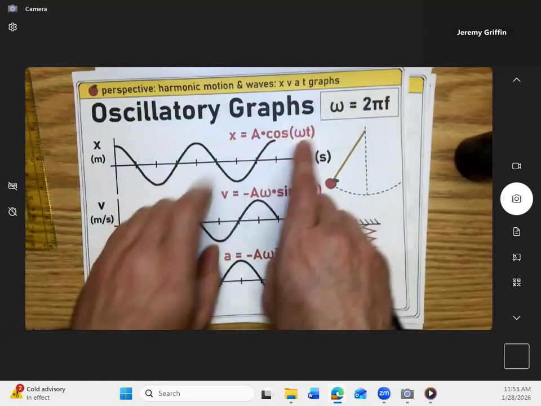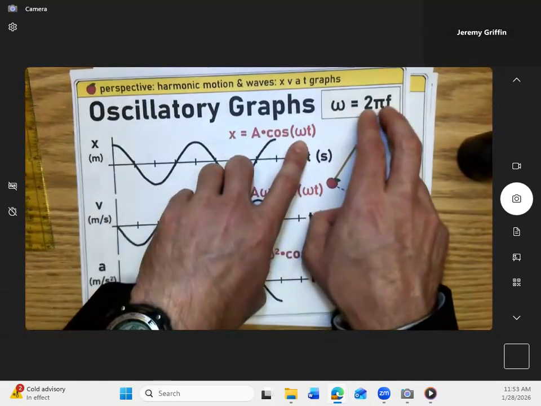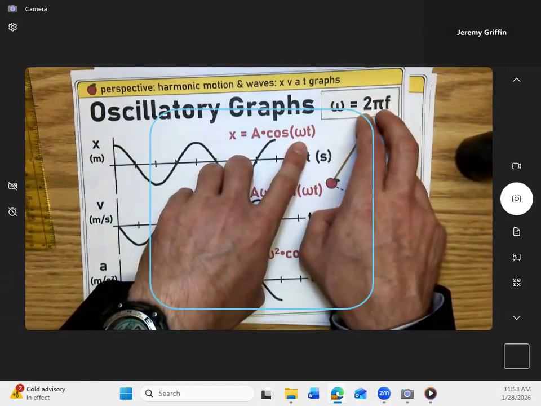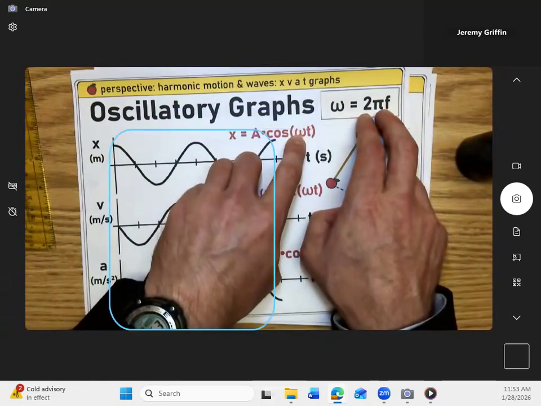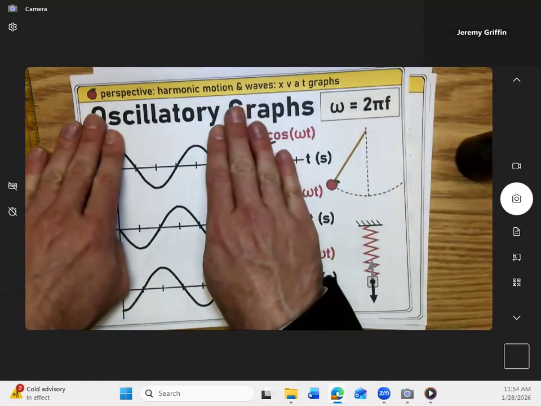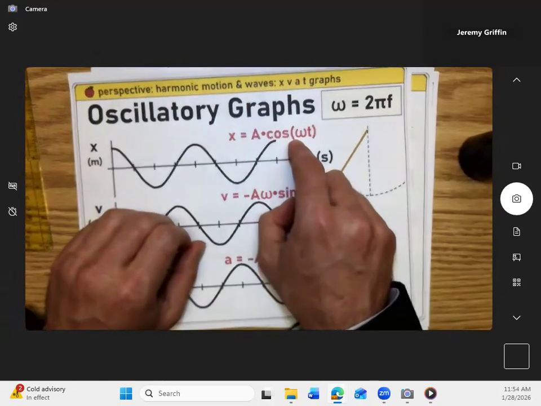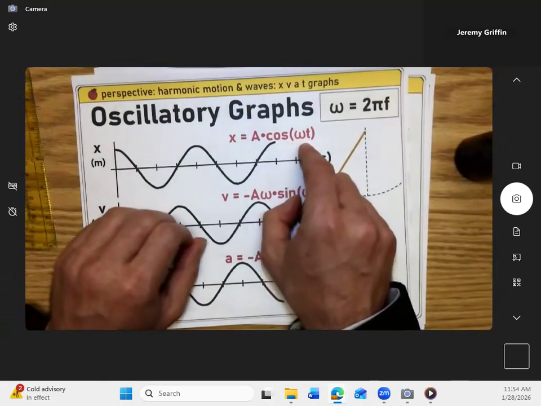That t is the time, tick tock. Now, if you take that frequency of 10 hertz, multiply by 2 pi, and plug that in right here for omega, the angular frequency, and then you allow exactly 1 cycle to go by, which is how much time again? 0.1 seconds. Guys, what is 2 pi times 10 times 0.1?